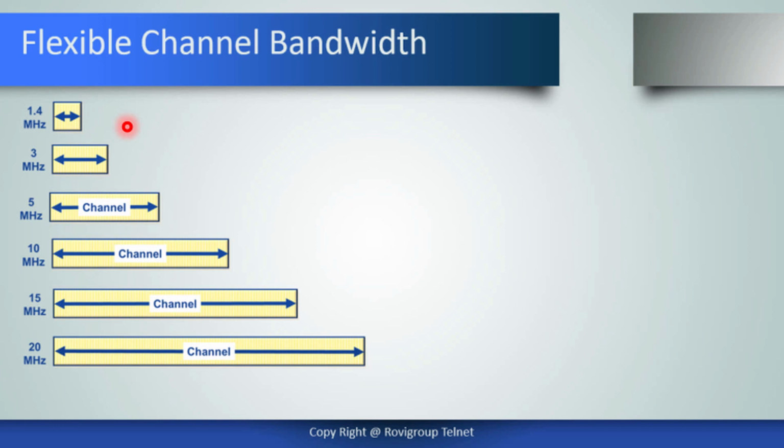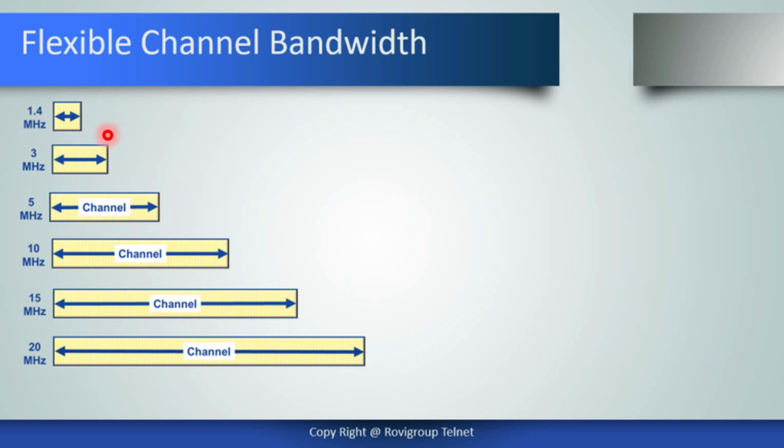With the passage of time, if for instance I have 10 MHz for my 2G network and I don't have too much voice traffic, my bandwidth is actually not efficiently utilized. What I can do is carve from that 10 MHz a 3 MHz or 5 MHz LTE carrier, and I can use the remaining 5 MHz for my 2G network.